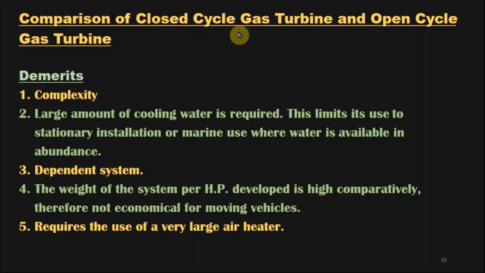So in closed cycle gas turbine, we can employ suitable working fluid, whereas in open cycle gas turbine, air fuel mixture is preferred. It is important to note that since you are making use of air fuel mixture, the thermal efficiency of open cycle gas turbine is comparatively less compared to closed cycle gas turbine.